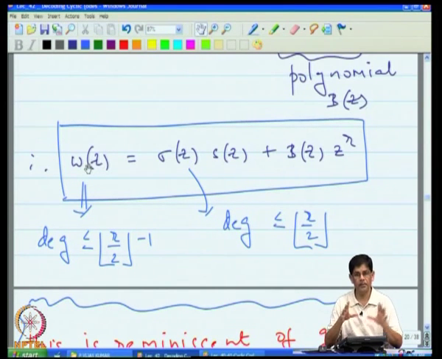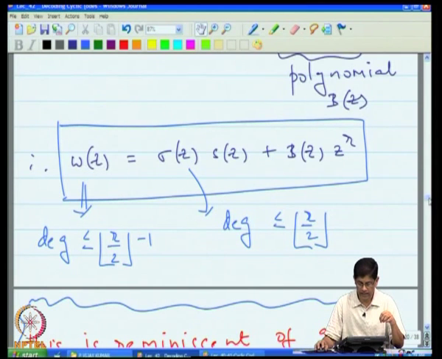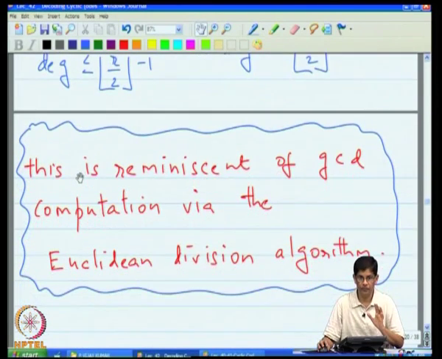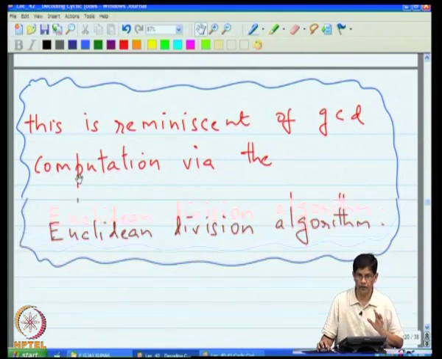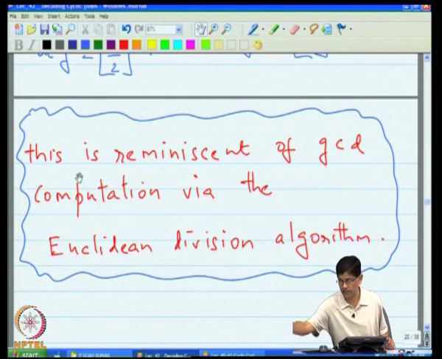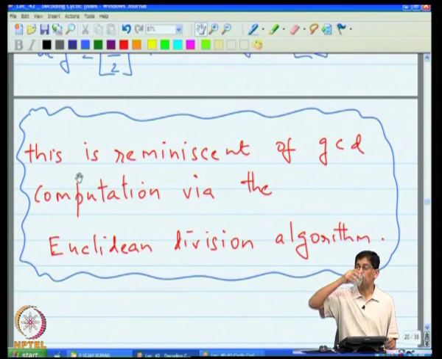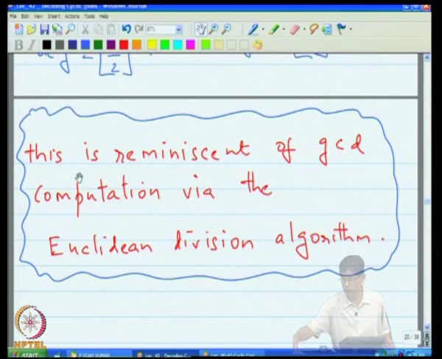So, this suggests that maybe the Euclidean algorithm will, if carried out starting with z to the r and S of z, maybe it will give us the sigma and omega, and that turns out to be true. Okay. That turns out to be true, although the proof is somewhat lengthy. The proof is somewhat lengthy, so I will actually skip that.